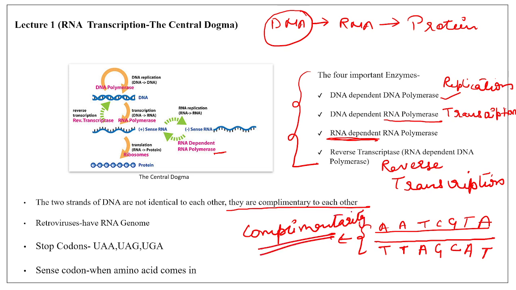So this is the complementarity that is happening. That is what they are saying, that the two strands of DNA are not identical, but they are complementary to each other.